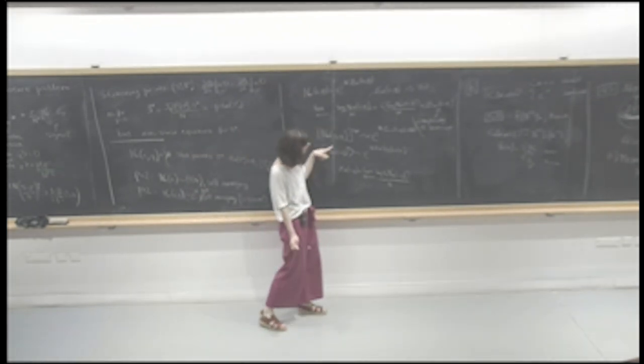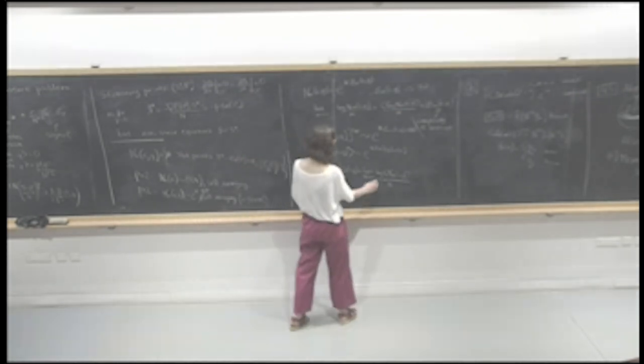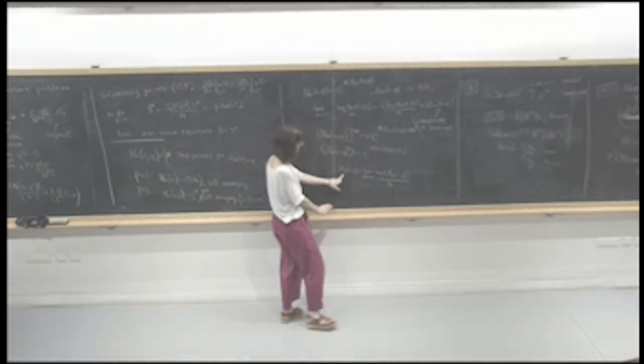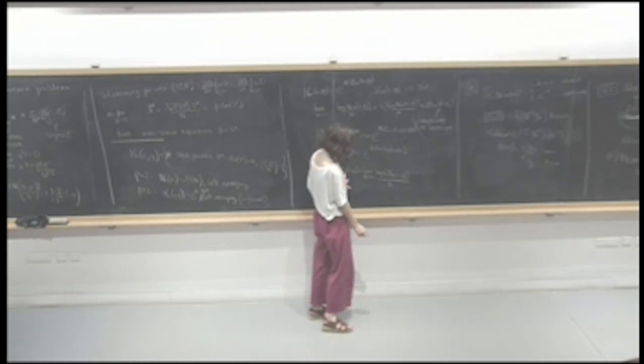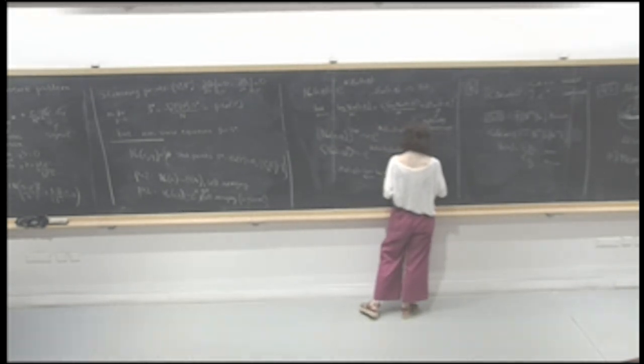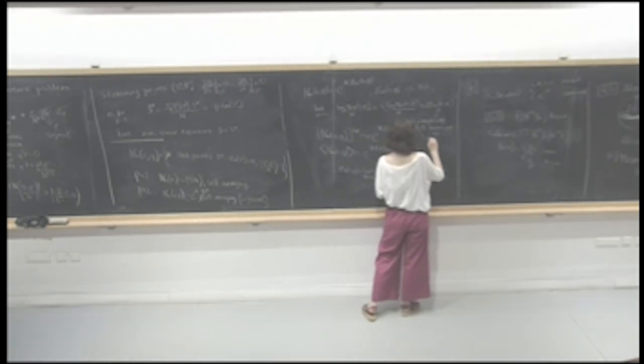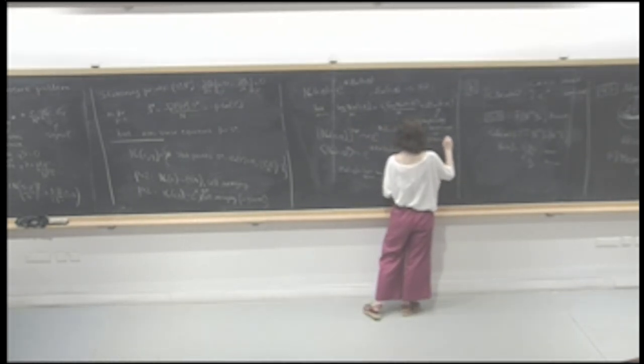So these two quantities are different, and what you can argue quite easily is that this annealed complexity, and let me call this the complexity of the landscape, or sometimes called the quenched complexity.